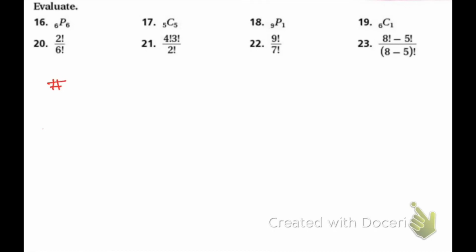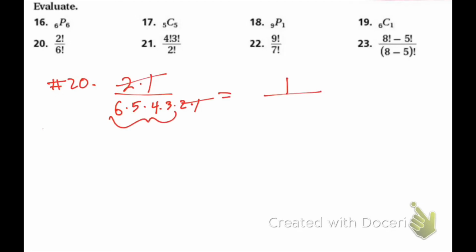Number 20, 2 factorial, which is 2 times 1. 6 factorial is 6 times 5 times 4 times 3 times 2 times 1. Those cancel, you're left with a 1 on top, and then 6 times 5 times 4 times 3, that gives you 360.